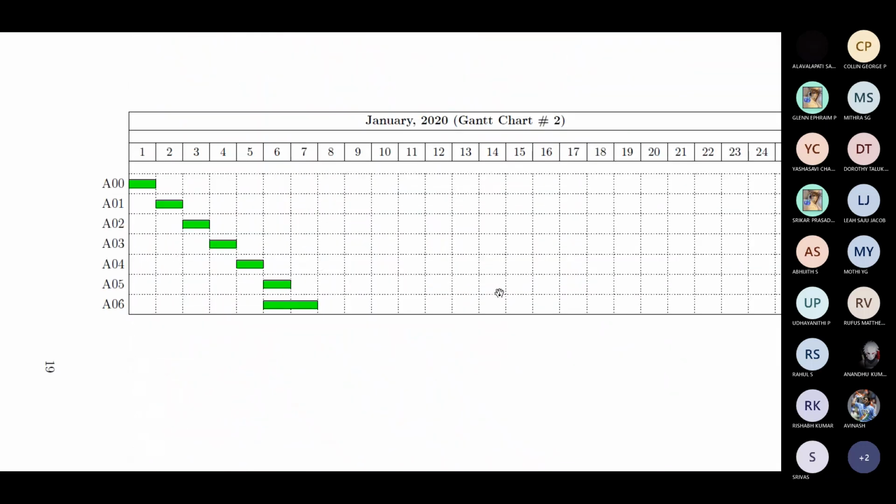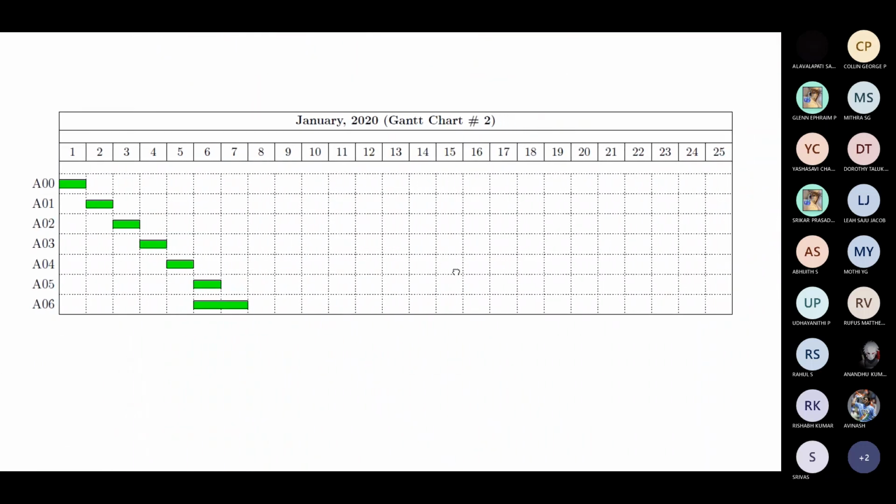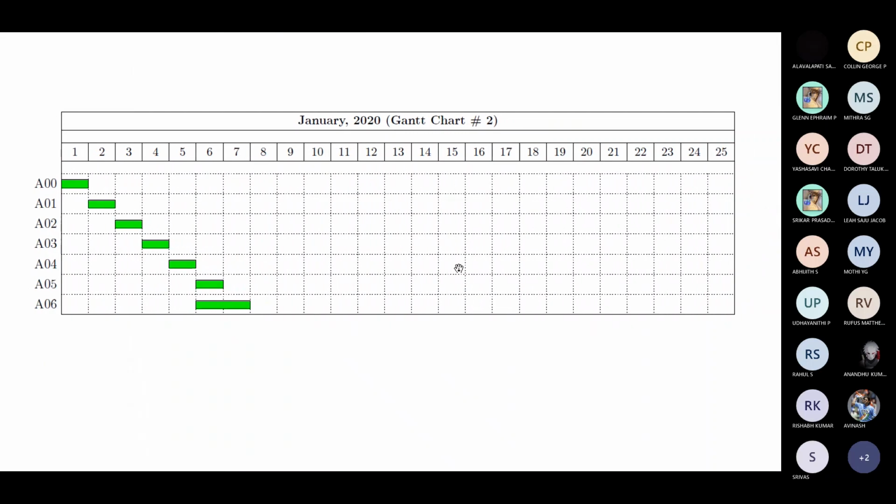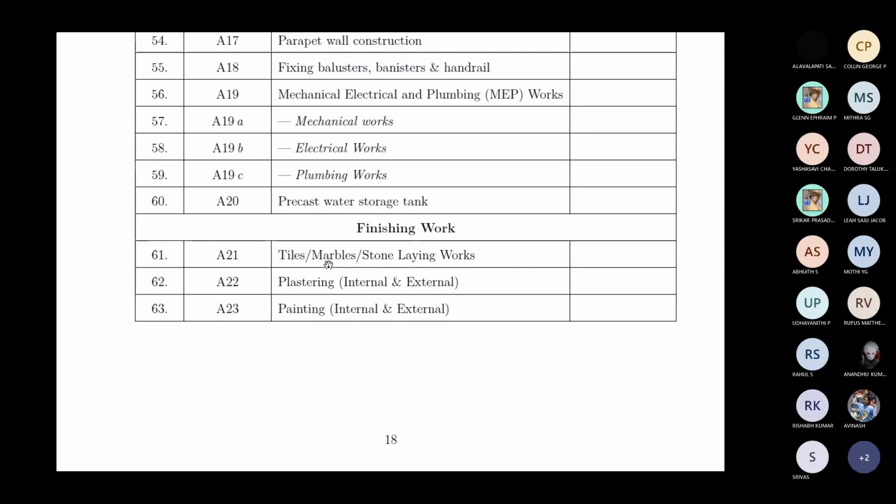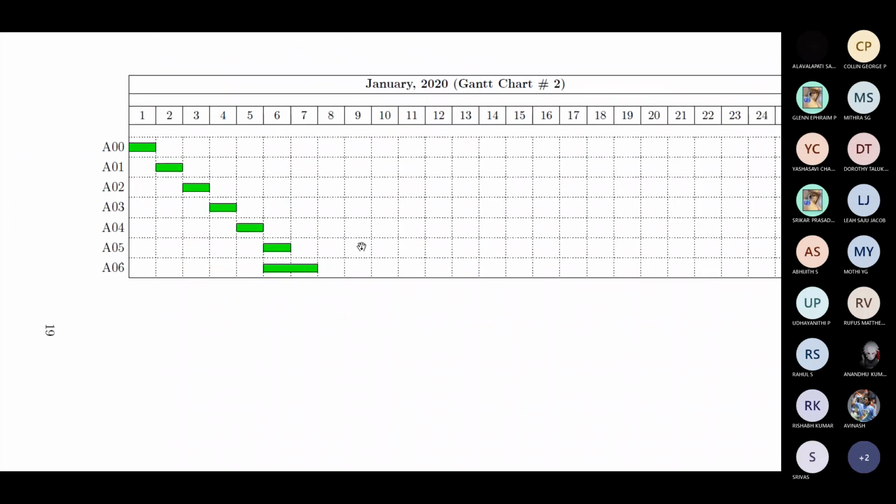Probably you can do it whenever you're free, and then we'll discuss it next week, right? Not next class, next week, Monday. I'll upload this document today in Drive and share it with you. So download it and try to find out the possible predecessors. This is the Gantt chart, right?